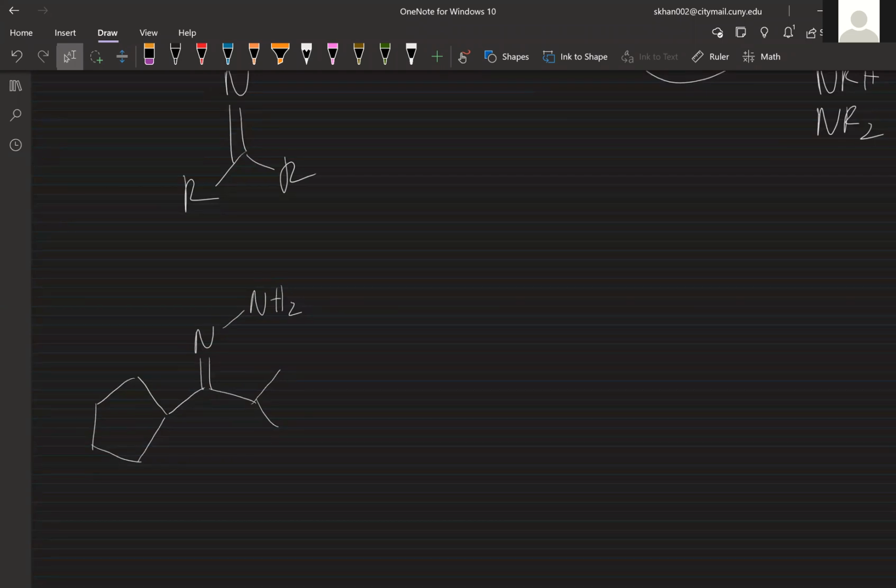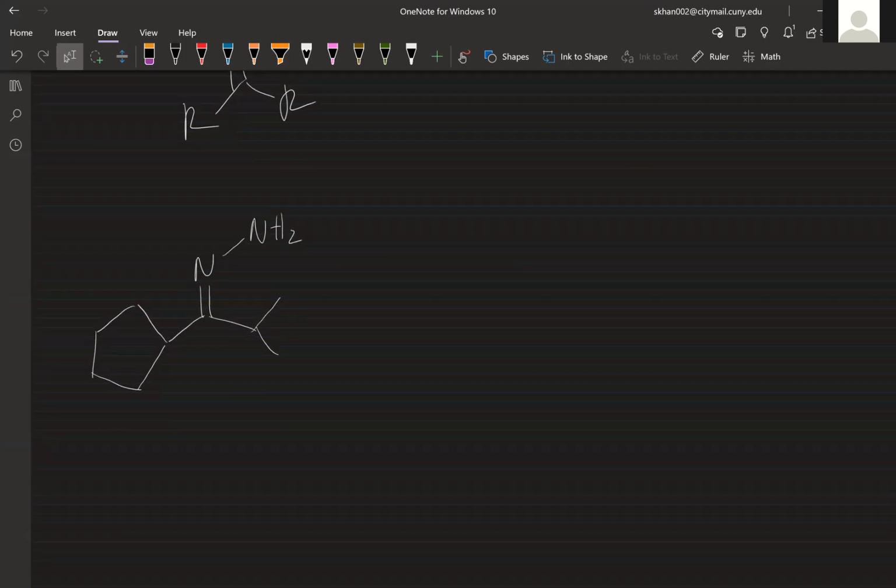And essentially what you're trying to create is N2, which is going to be nitrogen gas. And that's what makes this reduction really good, and why it could occur really well, because you can exploit Le Chatelier's principle. So let's start the mechanism, and then I could tell you what I mean by that.